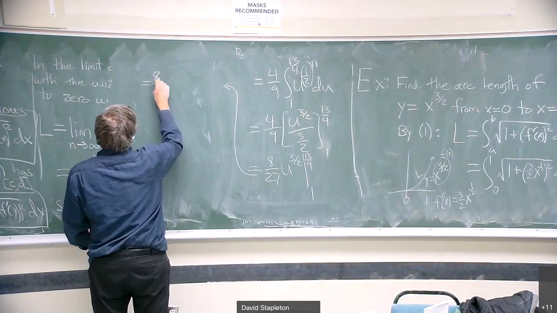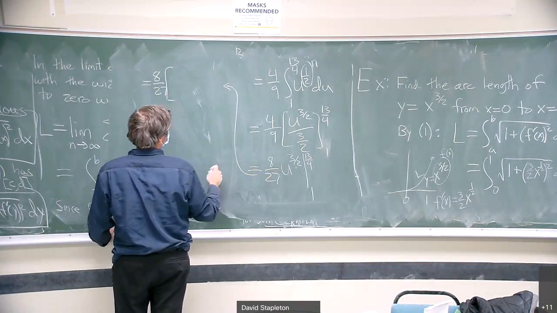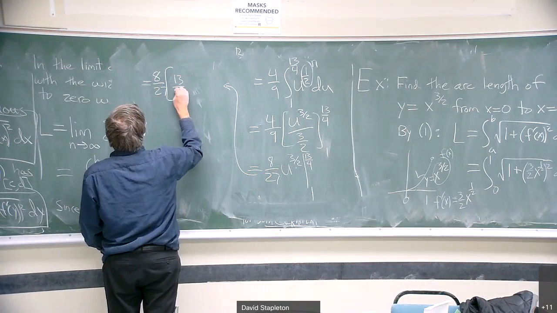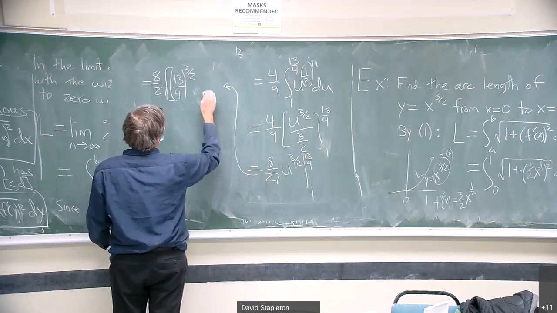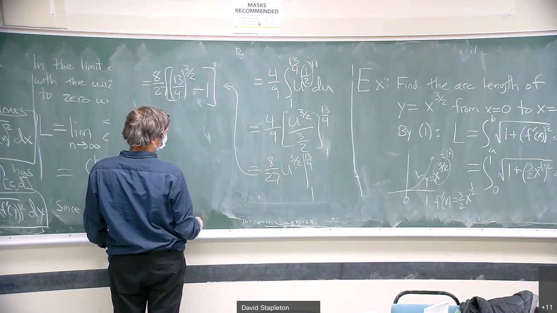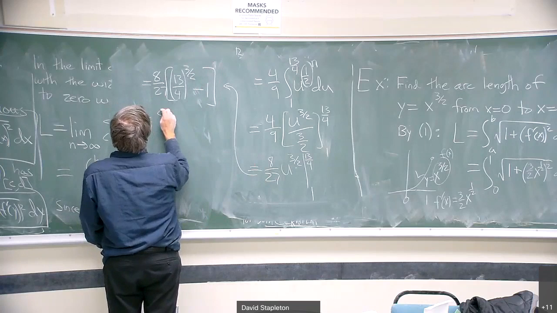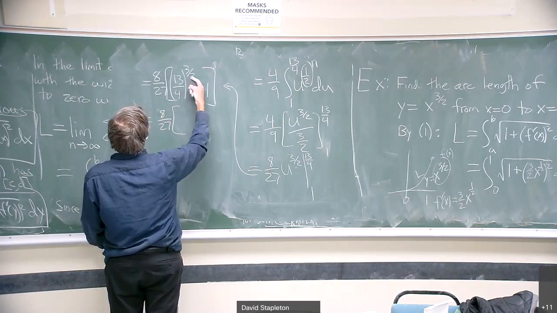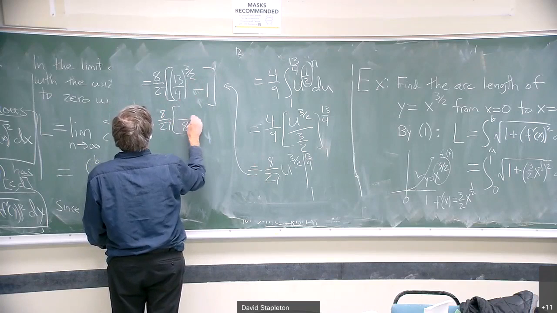So this is going to be 8/27 times 13/4 to the 3/2, less 1 to the 3/2, which is just 1. Right? So it's 8/27 times, well, 4 to the 3/2, take the square root of 4 and get 2, and then cube it, you get 8.